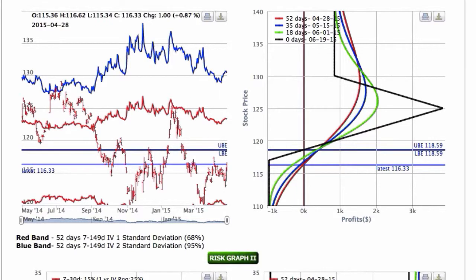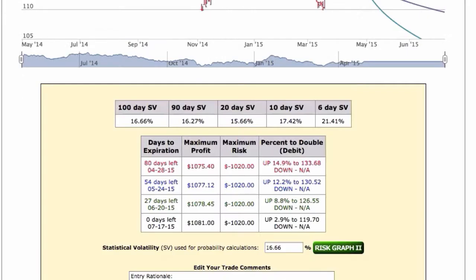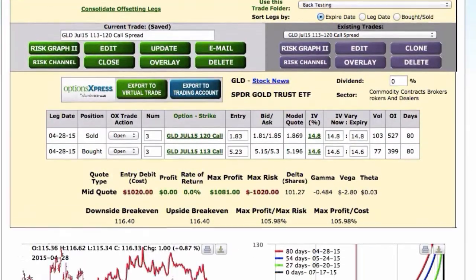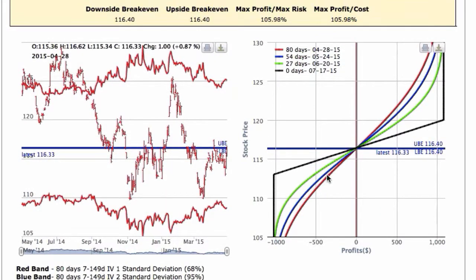Now, if we look at the same stop loss level on this particular spread, again using that blue line, then if we add a risk up to when the stock is trading at just below 115, the loss is actually lower. So in this case, it's only $236.31.